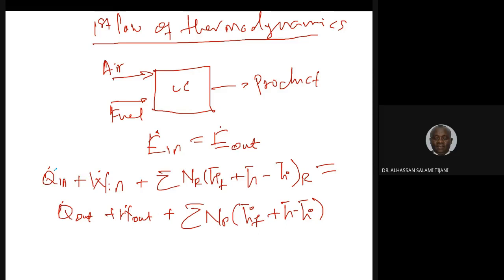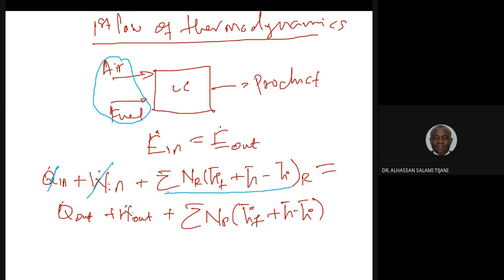So Q in is canceled out. And also there is no W in. There's no work input to the combustion system. But we have some reactant in the form of fuel and air entering the combustion system, so this part is not equal to 0.